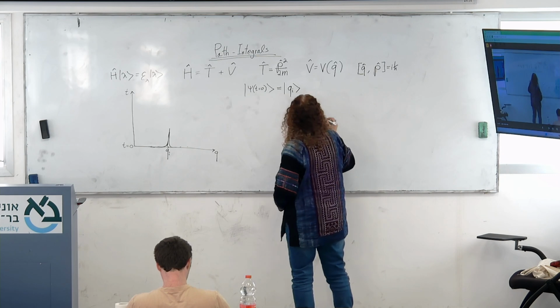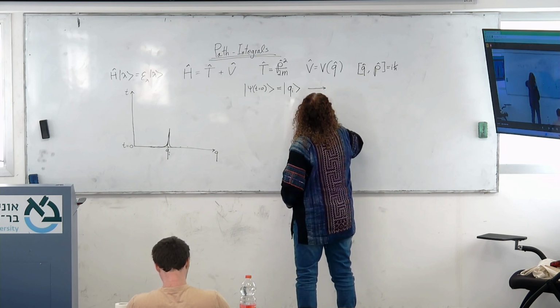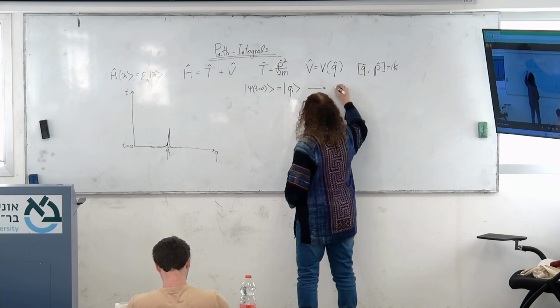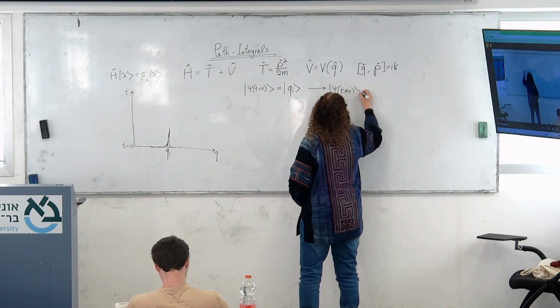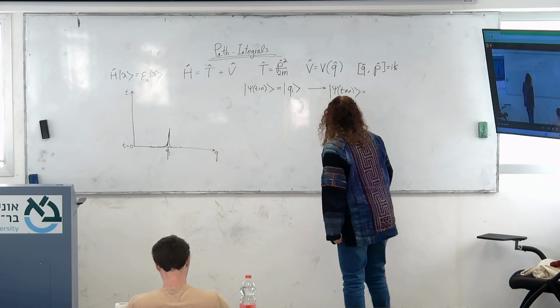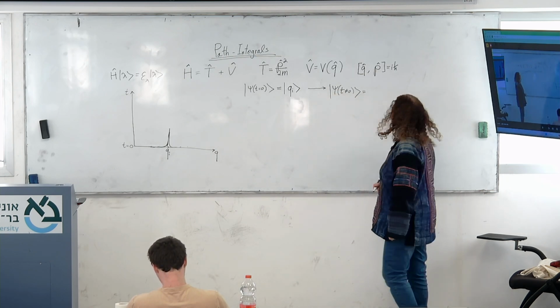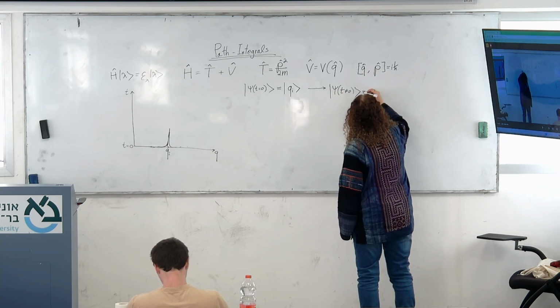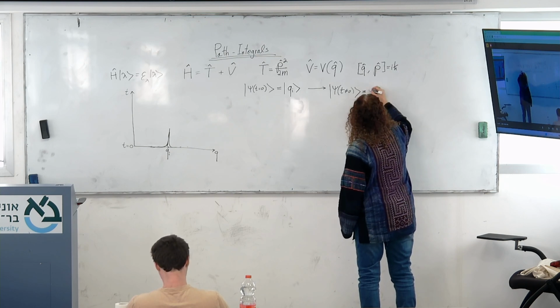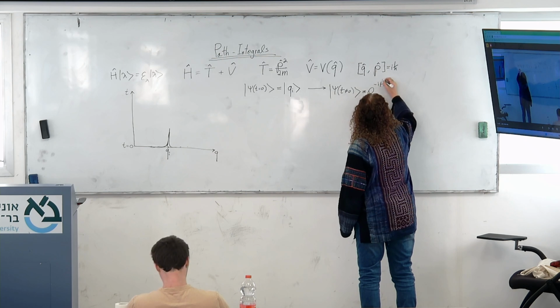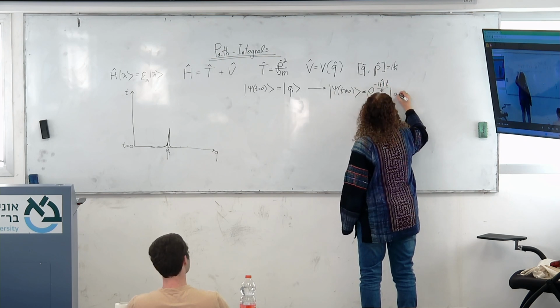What is going to be at finite time? It will evolve, and we can actually express this psi of t as e to the minus i H t over ħ times |q_i>.